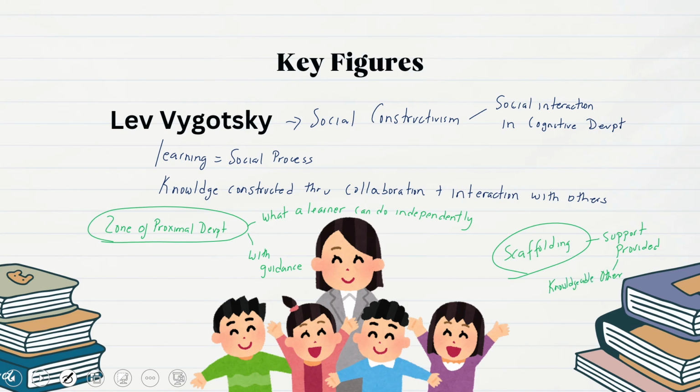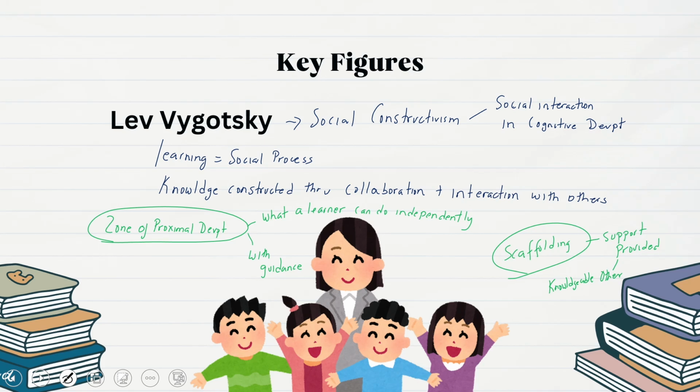And this knowledgeable other can either be the teacher or it can be one of the peers. And these knowledgeable others help the learner to perform the tasks they could not do alone.